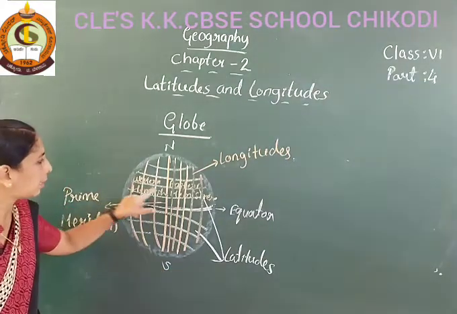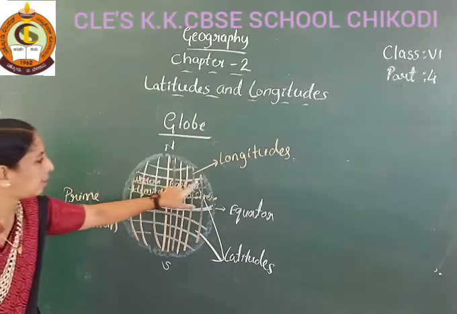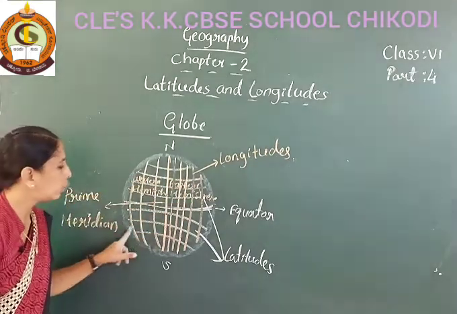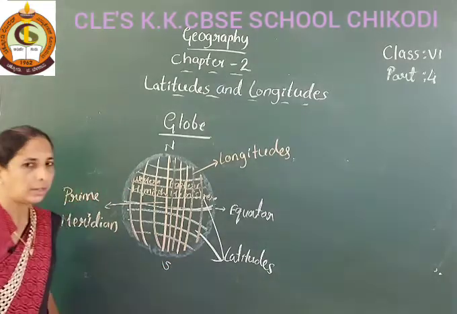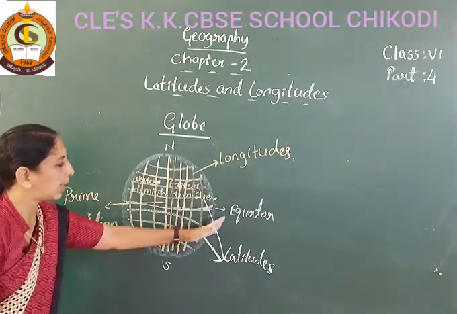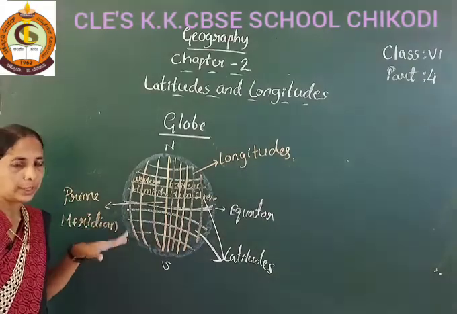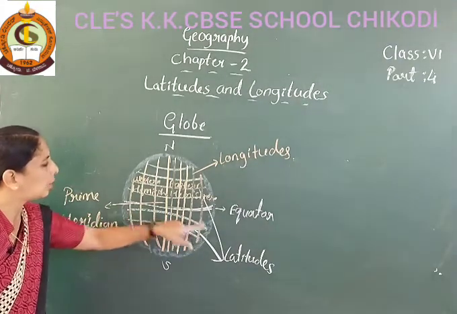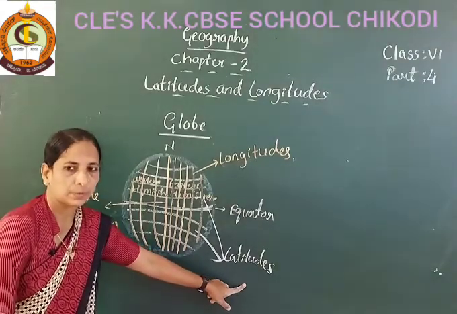Some imaginary lines, these white lines, move parallel to each other in the west to east direction. These horizontal lines are called latitudes.